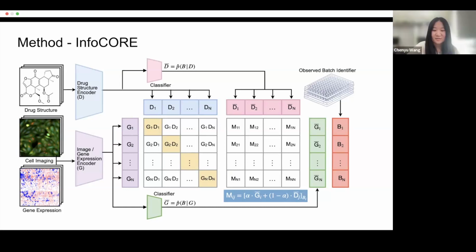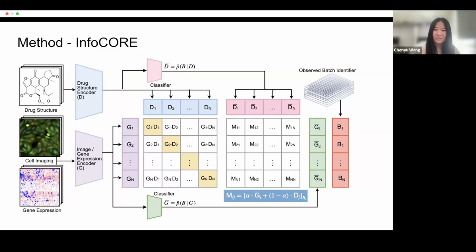I see. So first, in our data, because they are doing the experiment in the 384-well plate, the distribution across different batches is quite even, and therefore we don't really adjust for this issue in our experiment. However, for cases where there's really this bias issue, I guess it is good to reweight the classification loss based on the batch distributions, or even reweight the input samples a little bit according to the biased batch distributions.